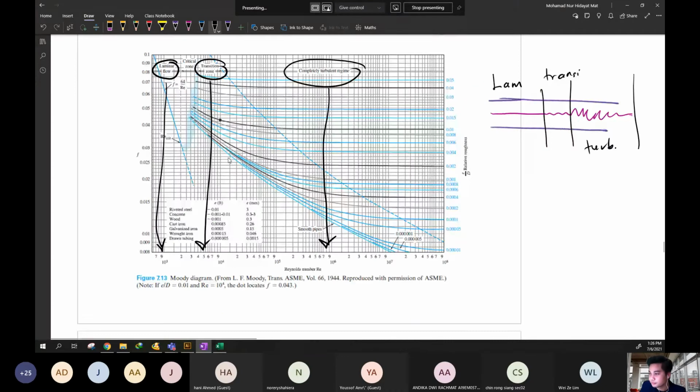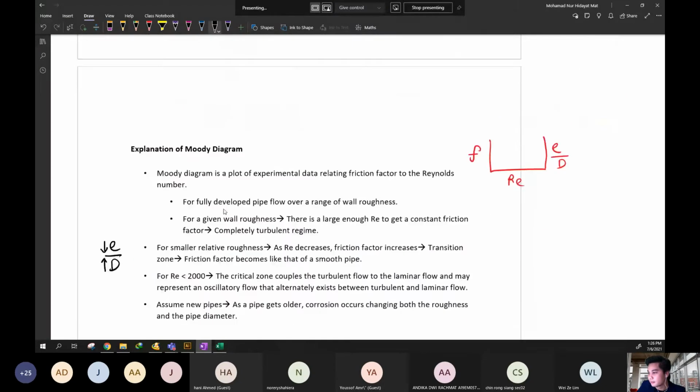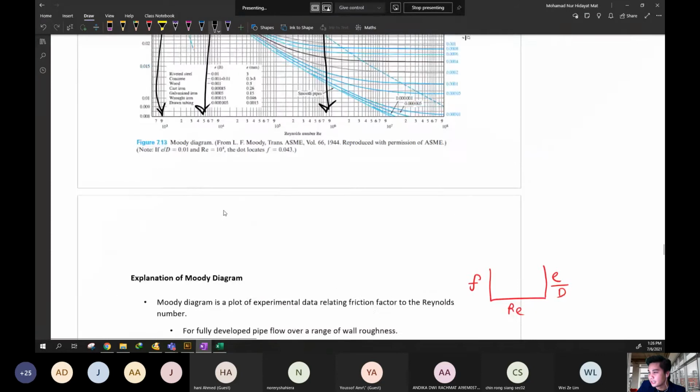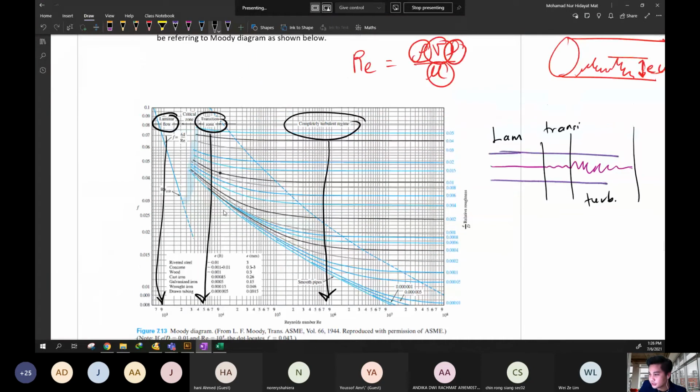You can see, for example, using this one, at low Reynolds number, when we go from right to left, the friction factor is increasing. It is true.